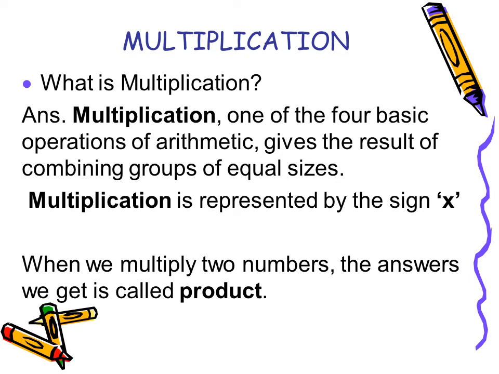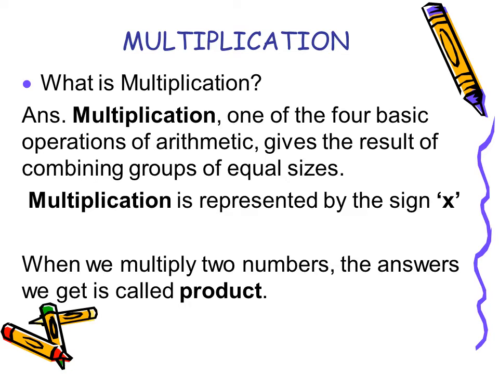When we multiply two numbers, the answer we get is called a product. Like in addition, we call it sum. In subtraction, we call the answer difference. In multiplication, we call the answer product.